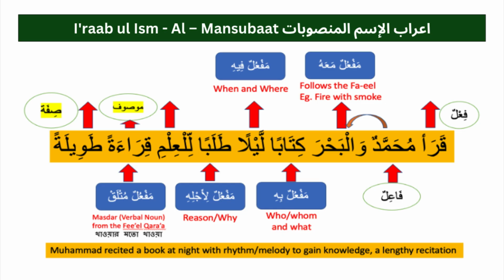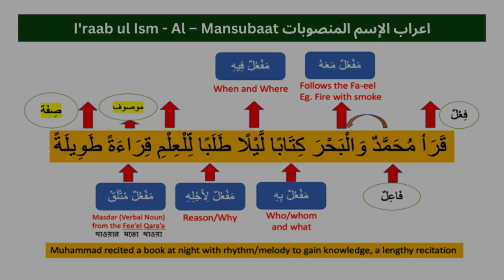What/whom? Emphasis. When/where? Why? And with whom? Or with what? So the memory line for this page is this. Fa'il and maf'ul are sentence roles. Ismul fa'il and ismul maf'ul are noun patterns. And another memory line is the 5 maf'uls answer 5 different questions in the sentence.